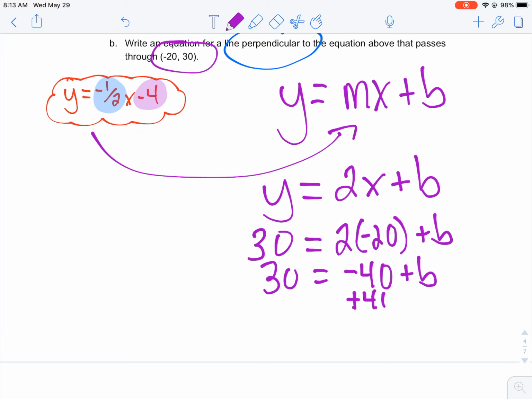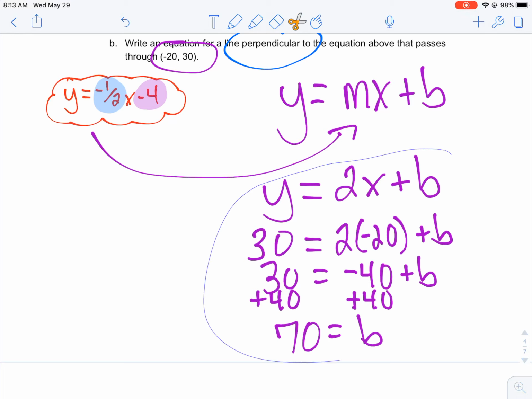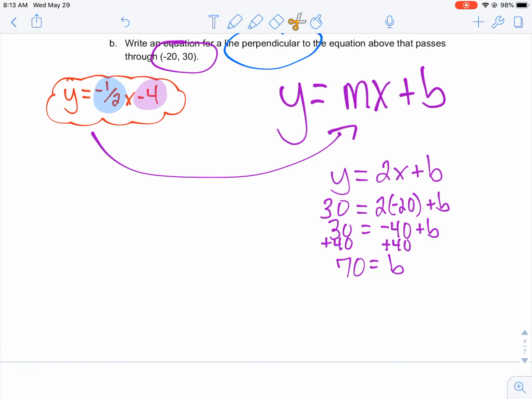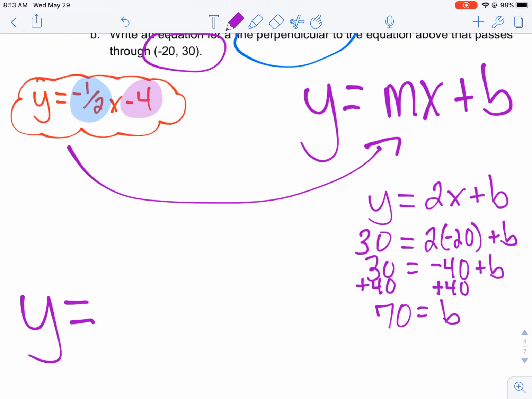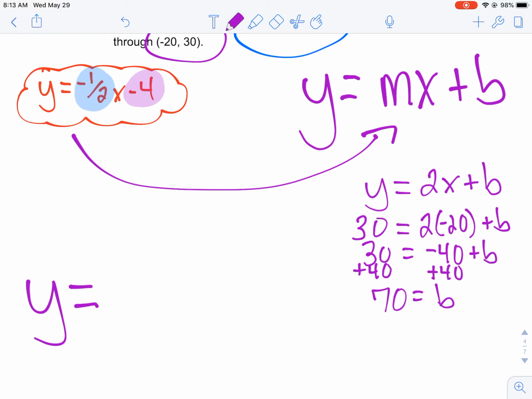I can add 40 to each side, and I get 70 equals b. And I'm just about done. I just have to rewrite my equation now. So the equation for a line that's perpendicular to our original equation and passes through negative 20, 30 is y equals positive 2x plus 70.